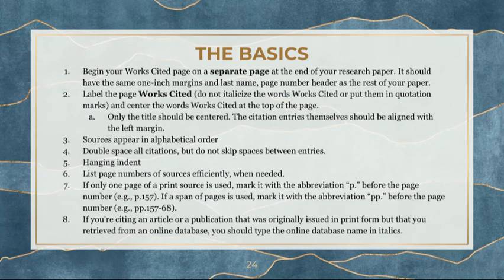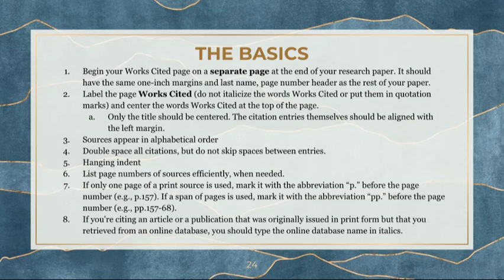Number 5 on our list of basics is important, and we will be showing you how to do this in class, but you will have to make sure that all of your citations are formatted using a hanging indent. This is going to be the reverse of a normal paragraph indentation, where the second line is what is indented.